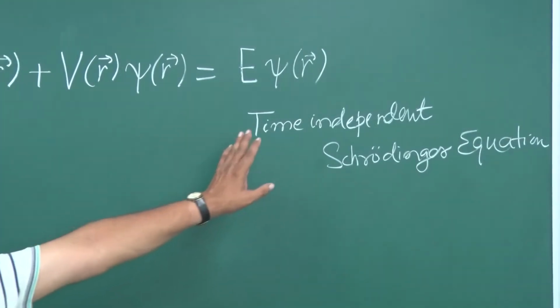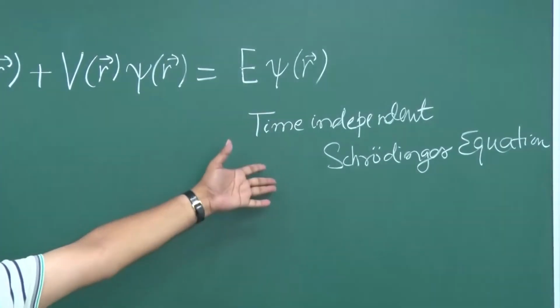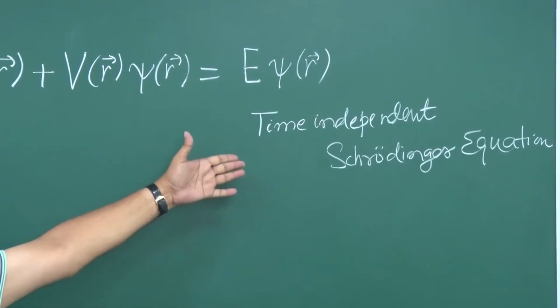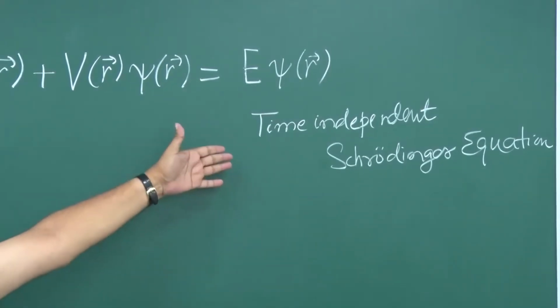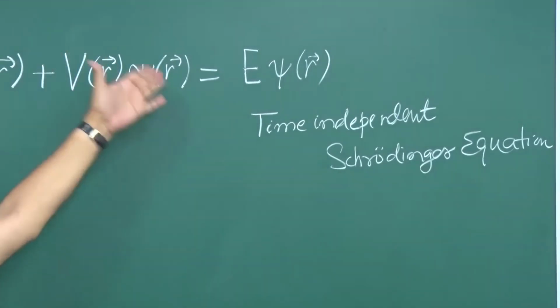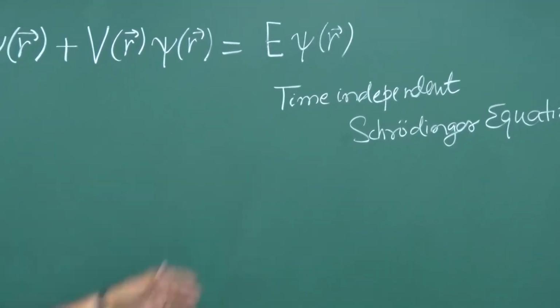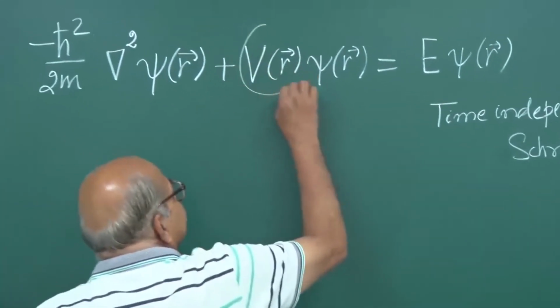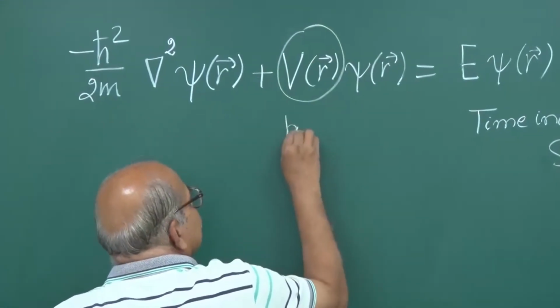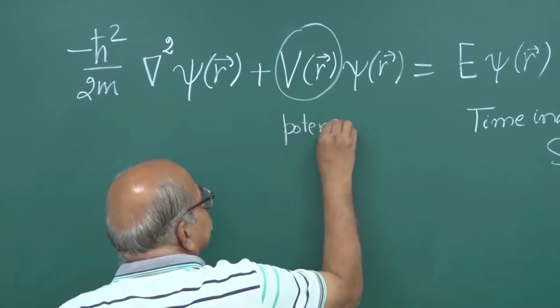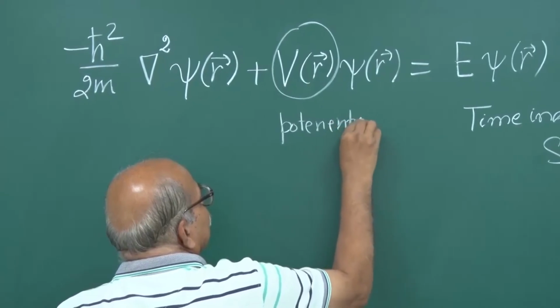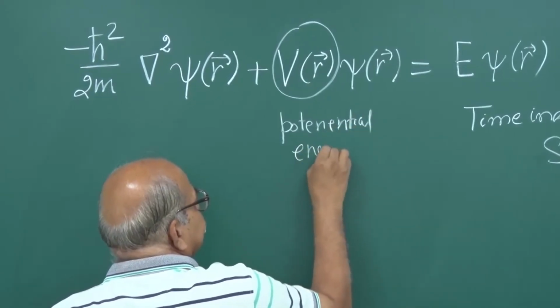So that means there must be a time dependent Schrodinger equation also, and there is, but I won't be talking about that. So this is known as the time independent Schrodinger equation, and here is that potential energy function.